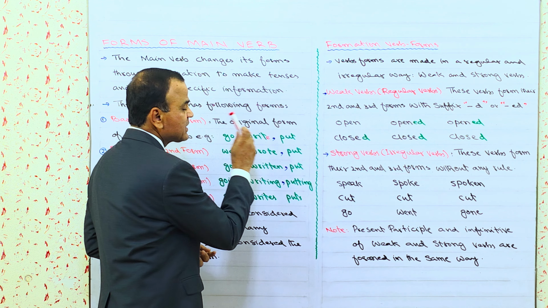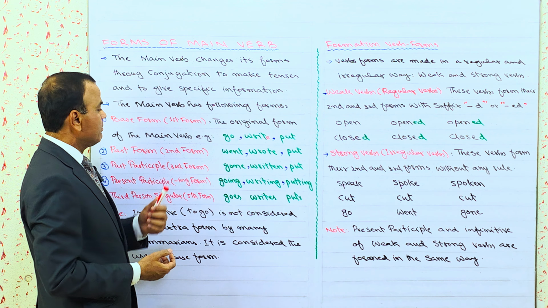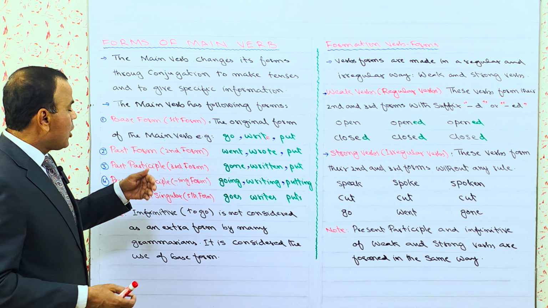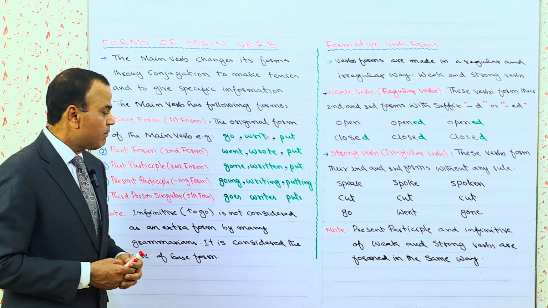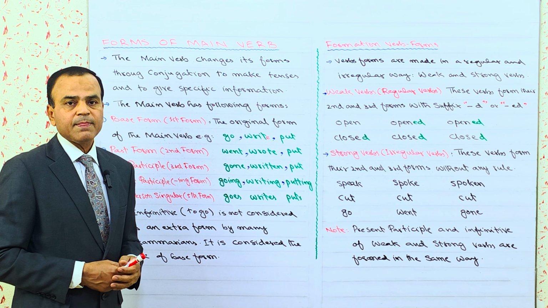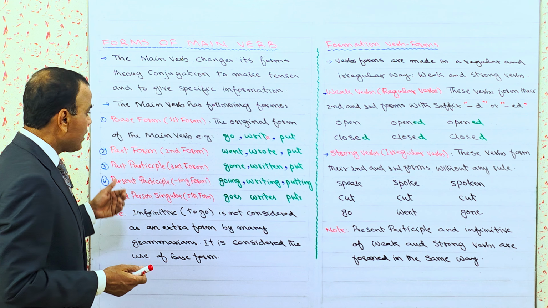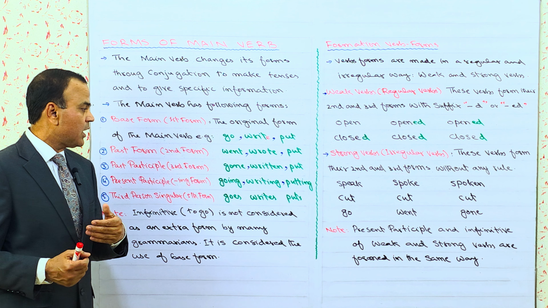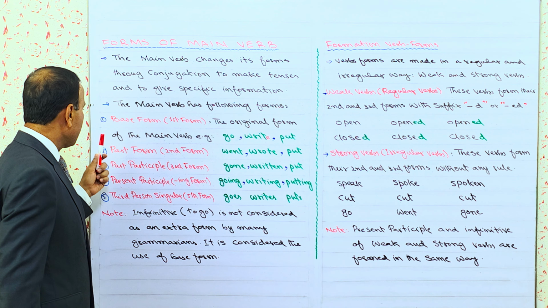These are base forms, or we can also call them the first form. In how many different ways the first form is used, we will discuss in a separate video. For now, we simply have to learn how many different forms of the verb we have.